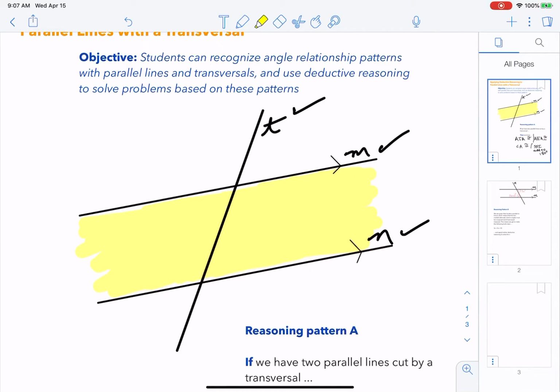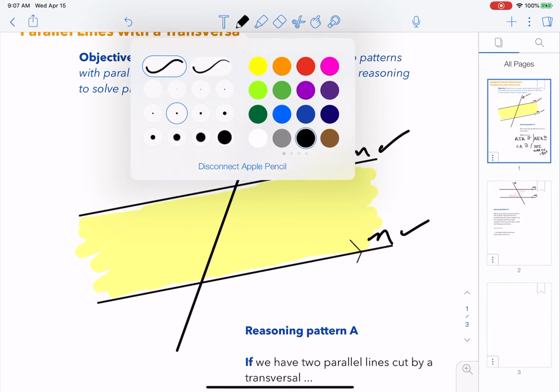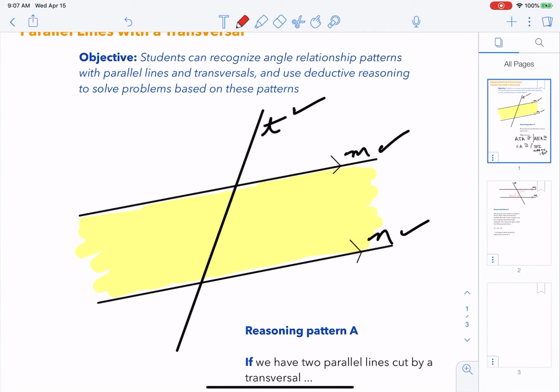Now there's two pairs of alternate interior angles. These are the easiest ones, I think. And they're interior, and they're on alternate sides of the transversal. So for instance, here's one of the pairs. Here and here. Those are alternate interior angles.